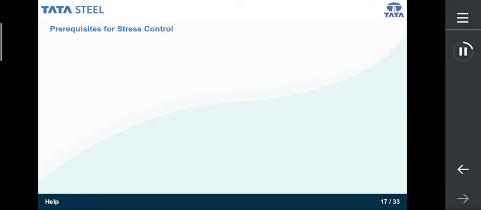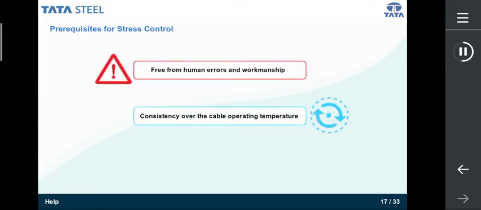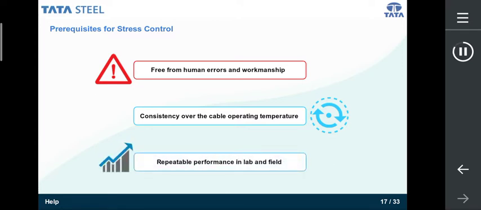The features required for stress control are freedom from human errors and workmanship, consistency over the cable operating temperature, and repeatable performance in lab and field.